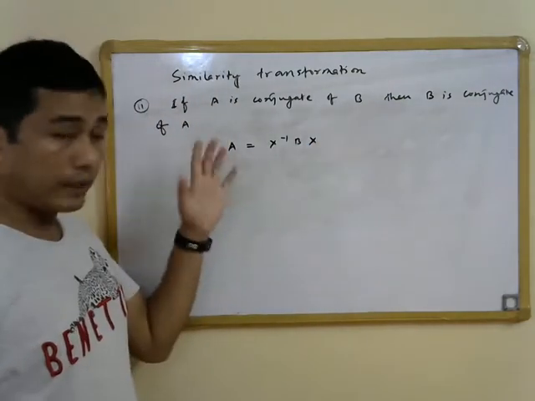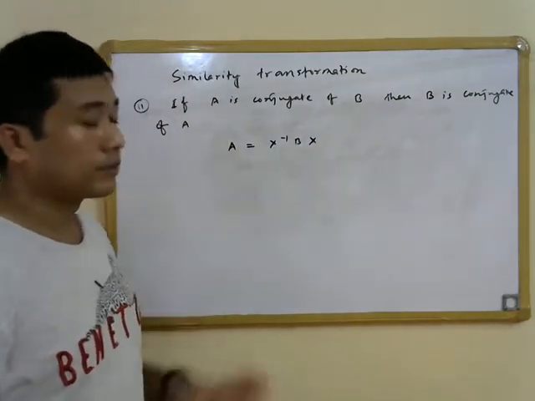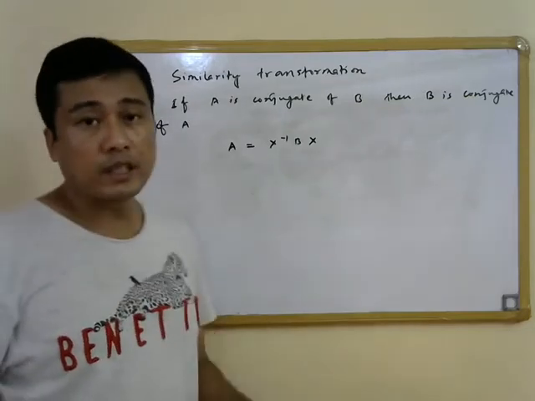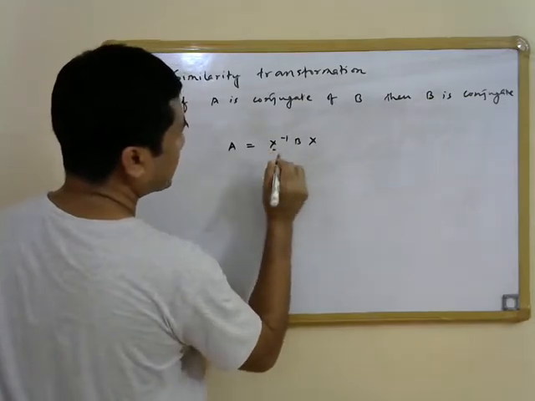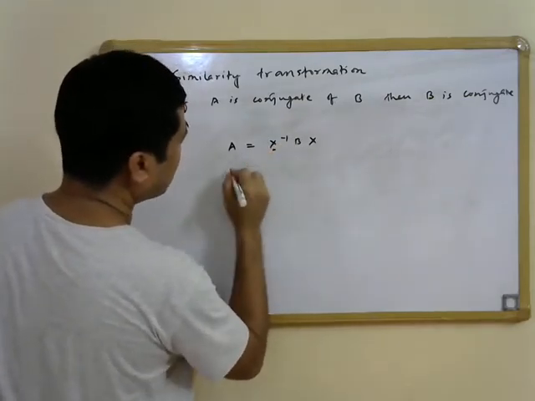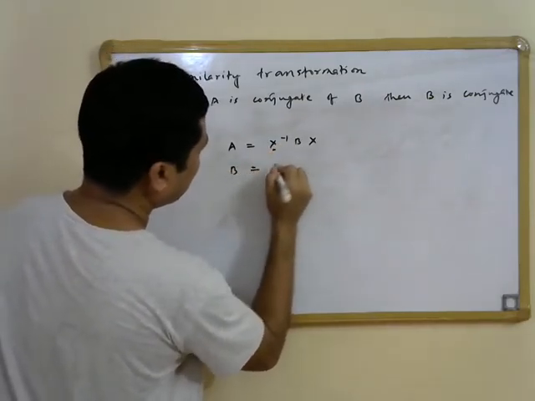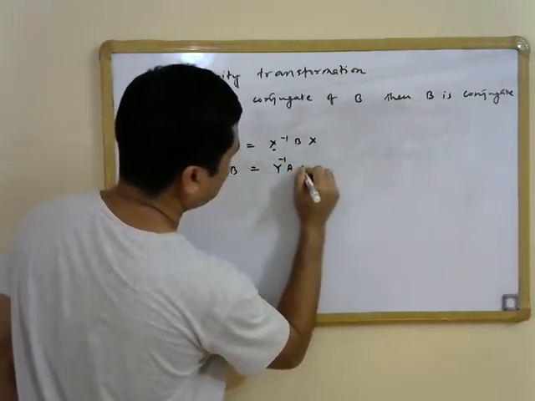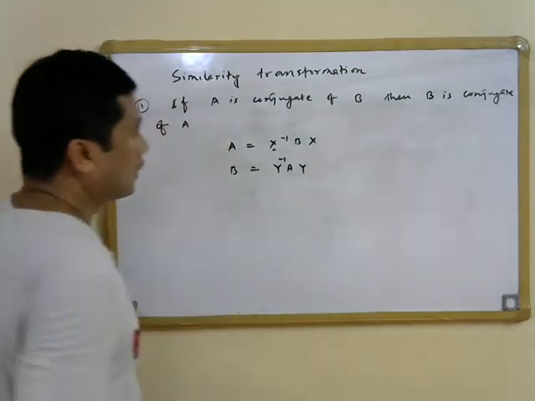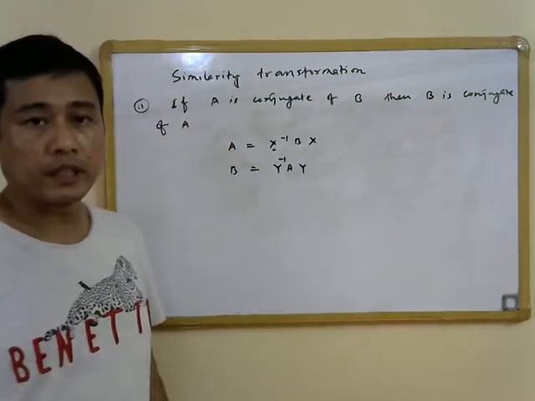Now when we say that when A is a conjugate of B, B is also a conjugate of A, that means apart from X, we must have such an element Y so that this expression is again going to be correct.